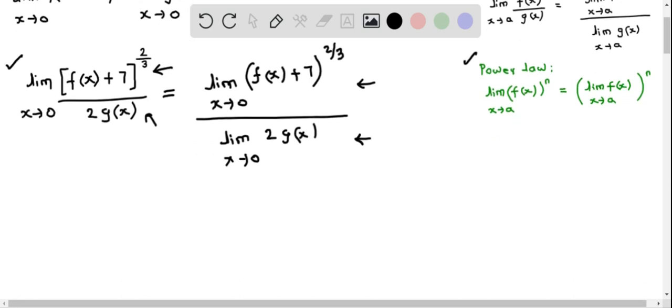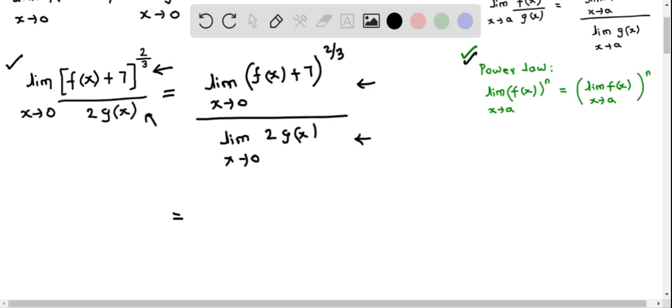To find the value of the numerator limit, I'm going to use the power law of limits, which says that the limit of f of x raised to the power n as x approaches a equals the limit of f of x as x approaches a, with the value raised to the power of n. So let's utilize this.